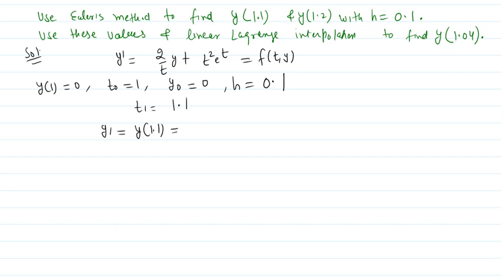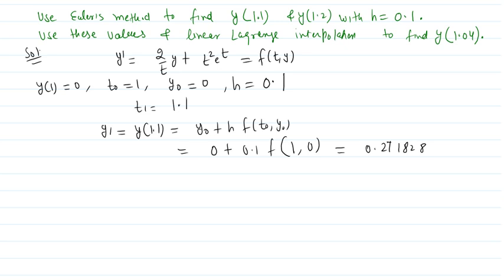Okay, 1 is the starting point, so that is y0 plus h f(t0, y0). So y0 is 0, h is 0.1, f at t0 is 1, y0 is 0. So in this formula f, 2 by t y, replace t with 1 and y with 0. Okay, so you got your first answer, that is 0.271828.